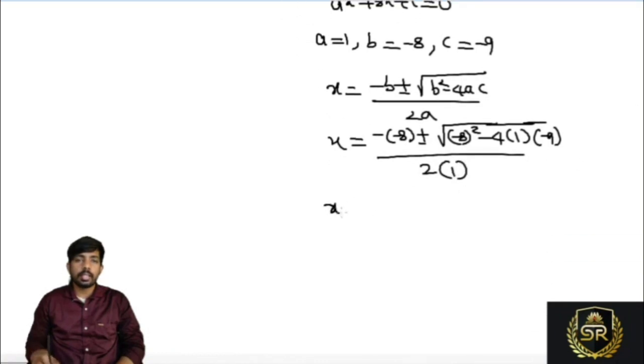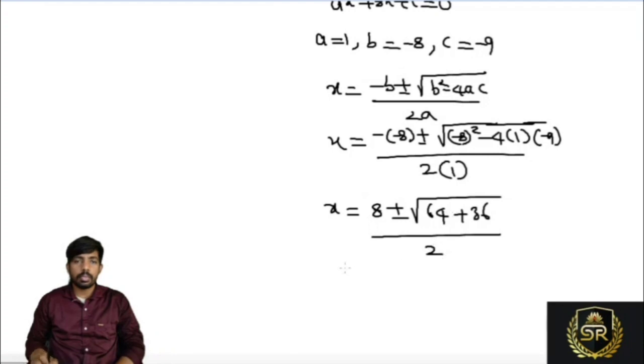So x equals 8 plus or minus root over 64 plus 36, since 4 times 9 is 36, all by 2. That is 8 plus or minus root over 100, by 2.